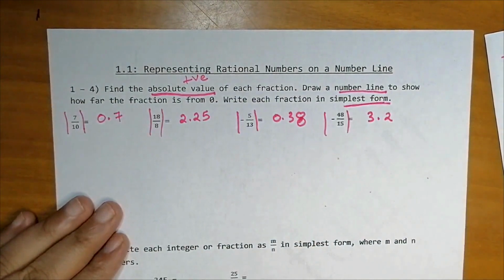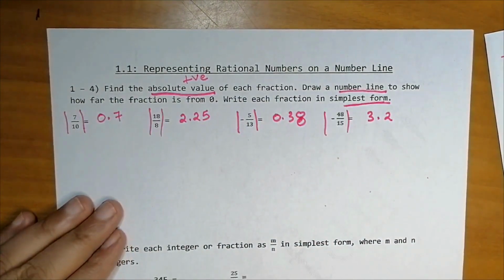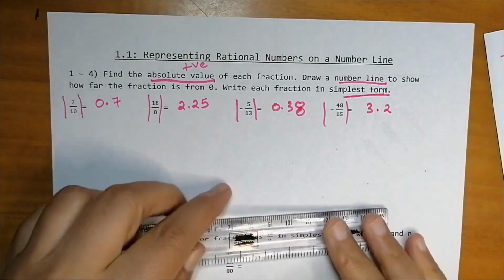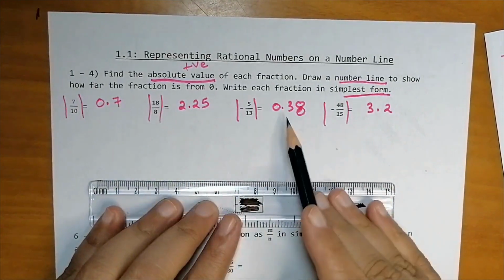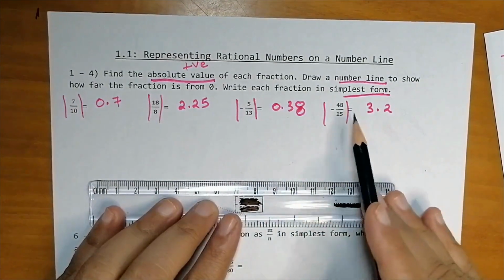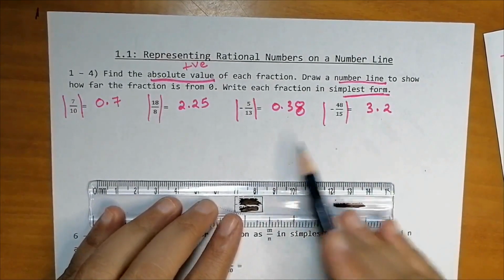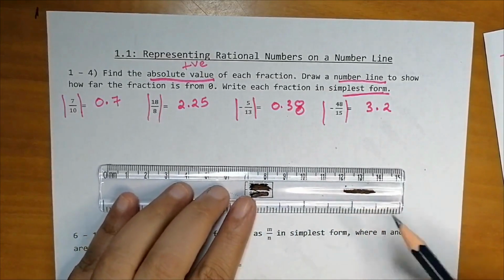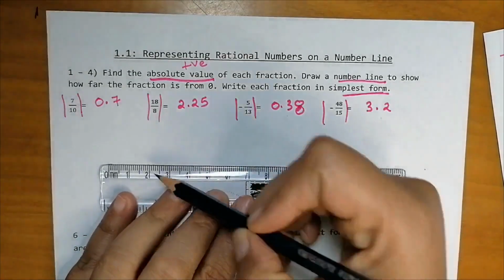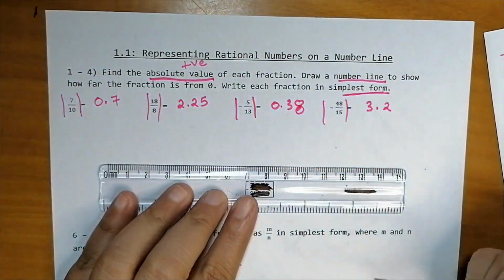Now we have to plot it on a number line. So let's get our scale and the pencil. Now I will analyze my numbers. The smallest number I have is 0.38 and the largest I have is 3.2, right? So I don't need to have a long number line. Rather, I will use the units. I'll enlarge the centimeters that I take for each unit.